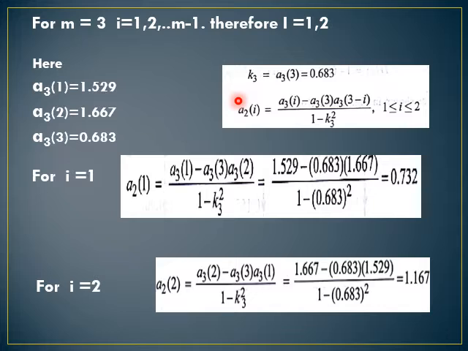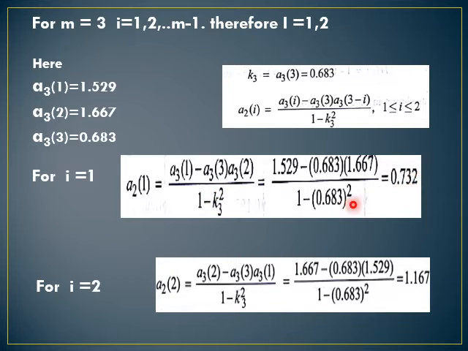Now this is A3 of I minus A3 of 3, as the value of M is 3, into A3 of 3 minus I, divided by 1 minus K3 square. So the value of K3 is nothing but 0.683. Now we need to substitute for I equal to 1 and 2. So it is A2 of 1, A3 of 1 minus A3 of 3 into A3 of 2, because 3 minus 1 is 2, divided by 1 minus K3 square.